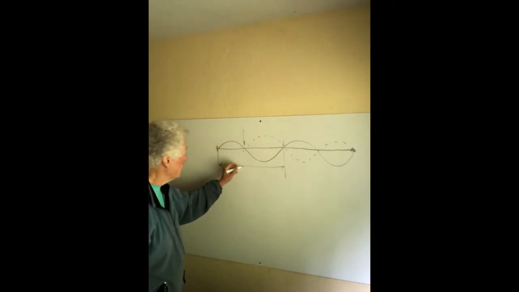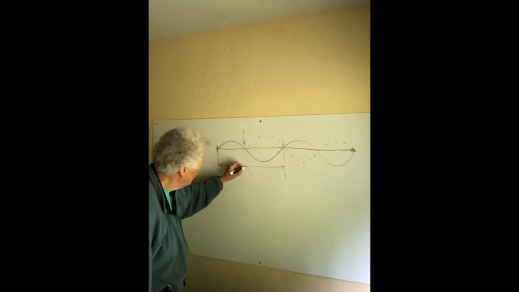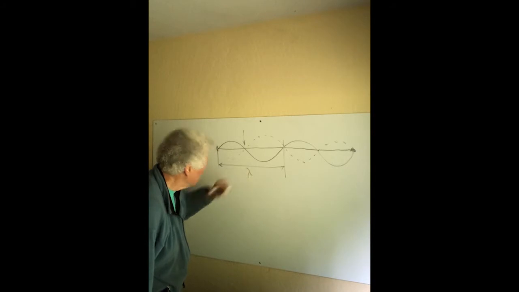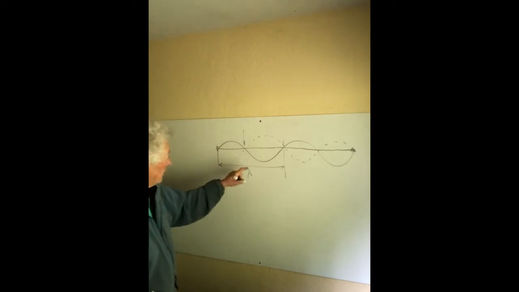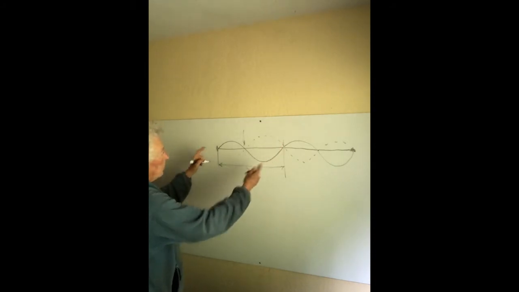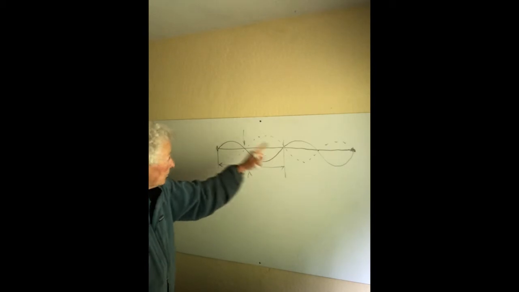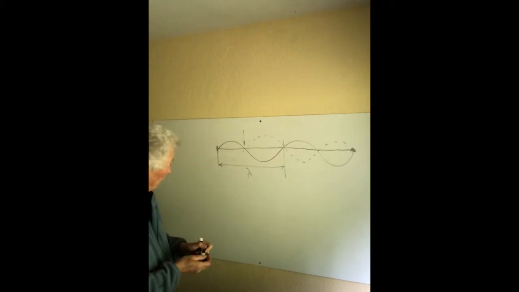So they just use a little letter that looks like a guy walking just a little bit. It's called lambda. The wavelength is called lambda. It includes 2 loops of the wave. So my string here is 2 wavelengths long.